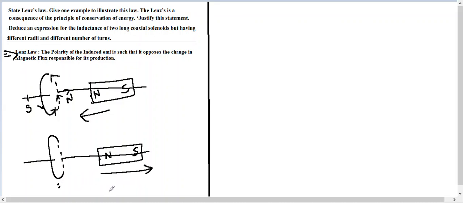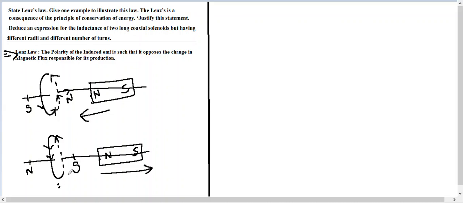To counter this decrease in the magnetic flux, current induced in the coil is in the clockwise direction, so that its north pole faces the receding north pole of the bar magnet. So in this case, this is going to be the north and this is going to be the south.